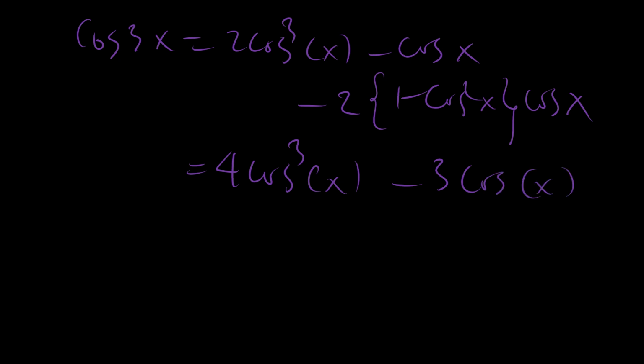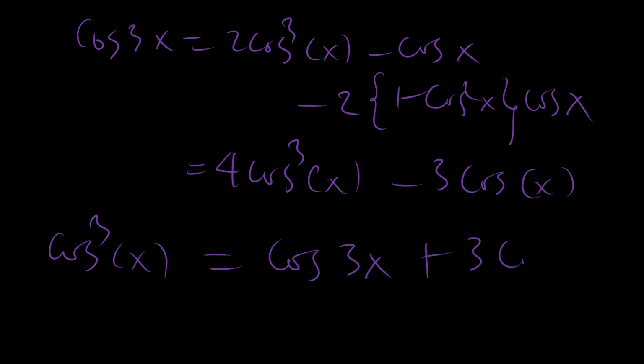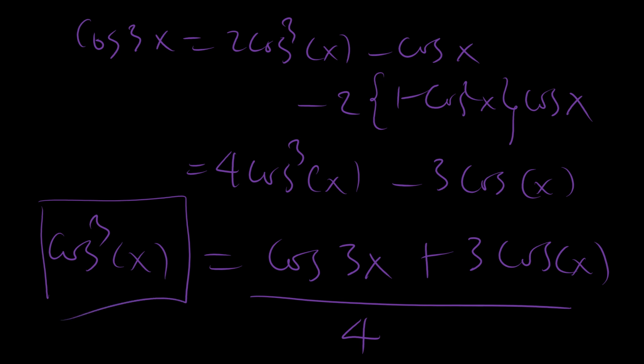So therefore cosine cubed x is equal to (cosine 3x plus 3 cosine x) divided by 4.